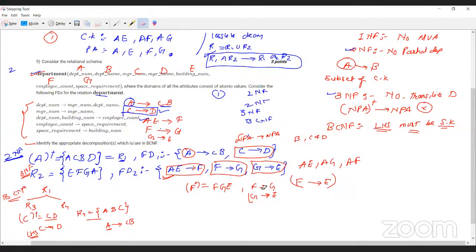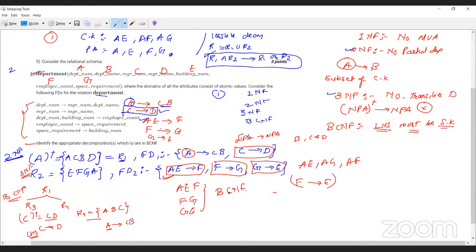I can consider F closure also, but simply I will decompose this relation R2 into AEF, FG, and GE. Then all three relations will be in BCNF.